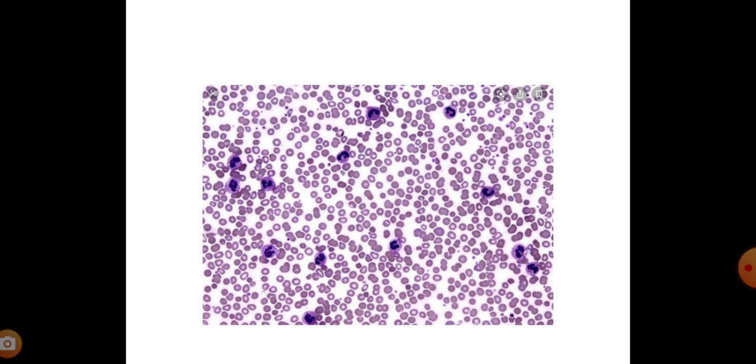On a peripheral blood smear, when you see more than 5 WBCs on a high power field, you should suspect an increase in WBC count. If you see more than 5 neutrophils or 5 eosinophils, you should suspect neutrophilia or eosinophilia. In this picture you can see around 10 neutrophils in this field. So this is a case of neutrophilia.